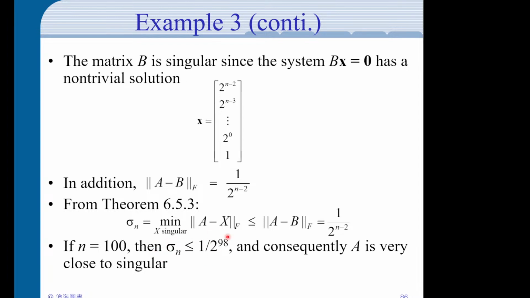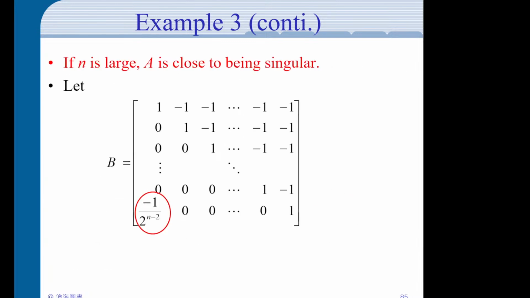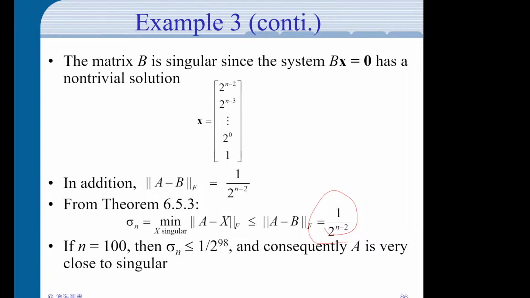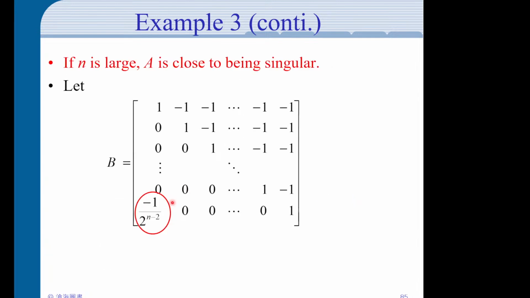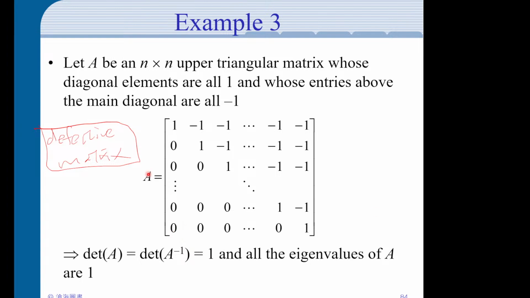By the theorem, you can calculate that the smallest singular value of A is less than 1 over 2 to the n. We know A is not singular, so all the singular values must be non-zero. We didn't prove that, but it's true.